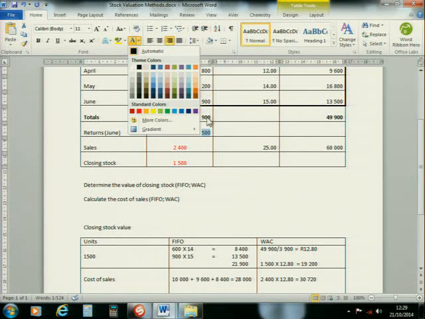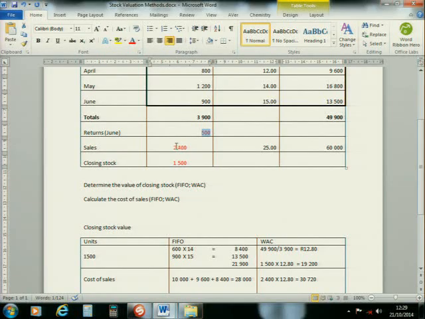Let us have them red 2. And the value of your closing stock, say the number of units remaining is 980.